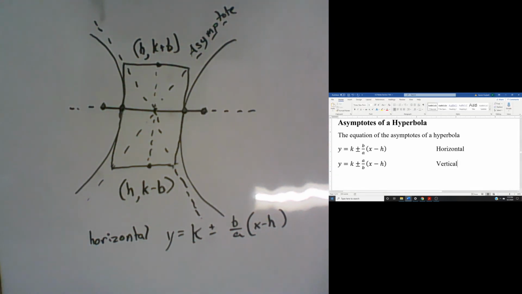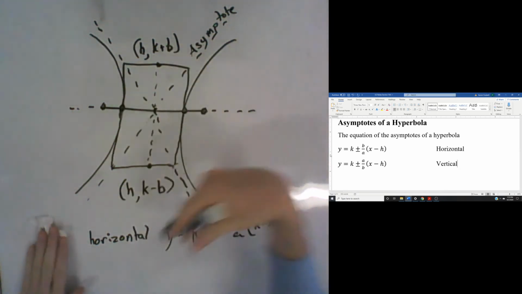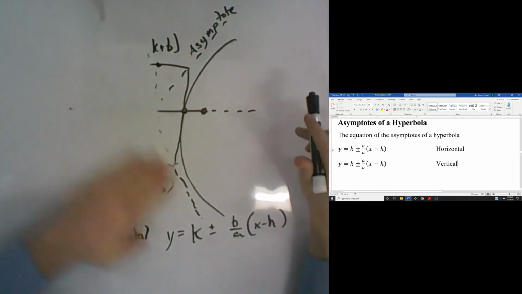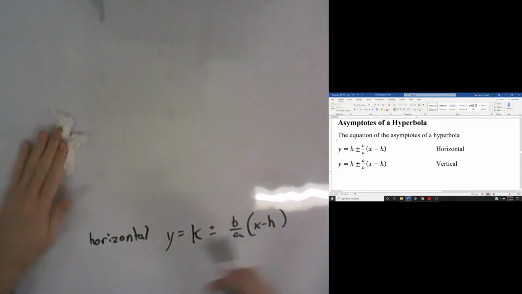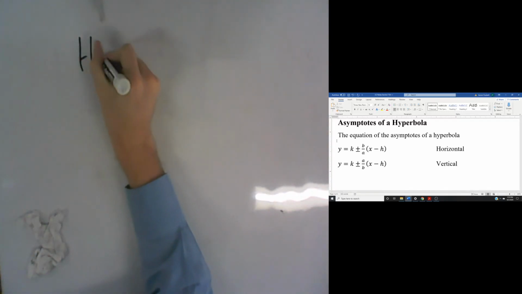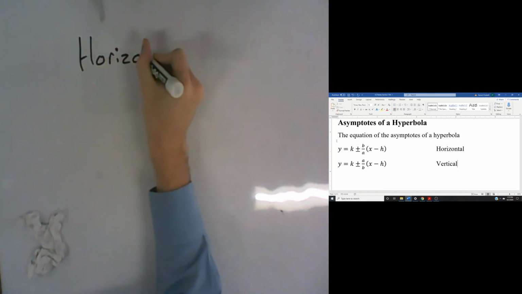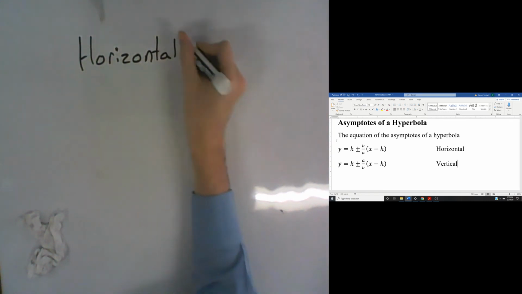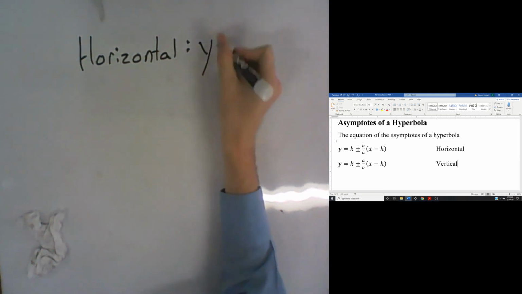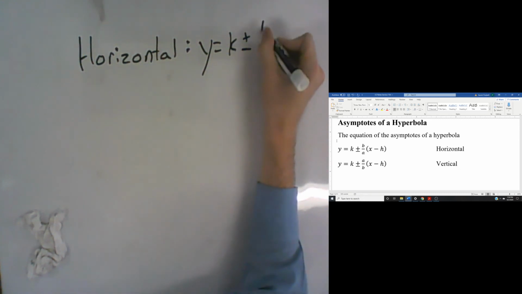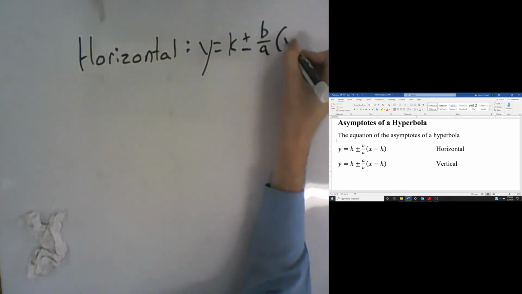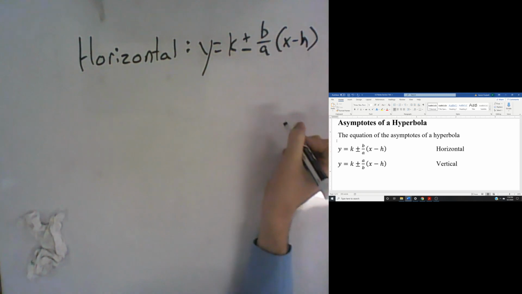So our horizontal, I'm going to rewrite this so I know this drawing is beautiful. It is in your book. Everything that I go over is in your book. So horizontal is y equals k plus or minus b over a, x minus h.